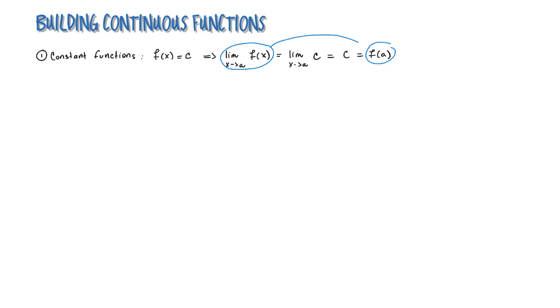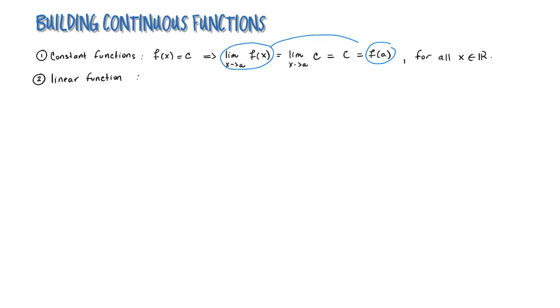And I want to emphasize that this is true for all real numbers x. So constant functions are continuous on all of the real numbers, and all real numbers is the domain of a constant function.